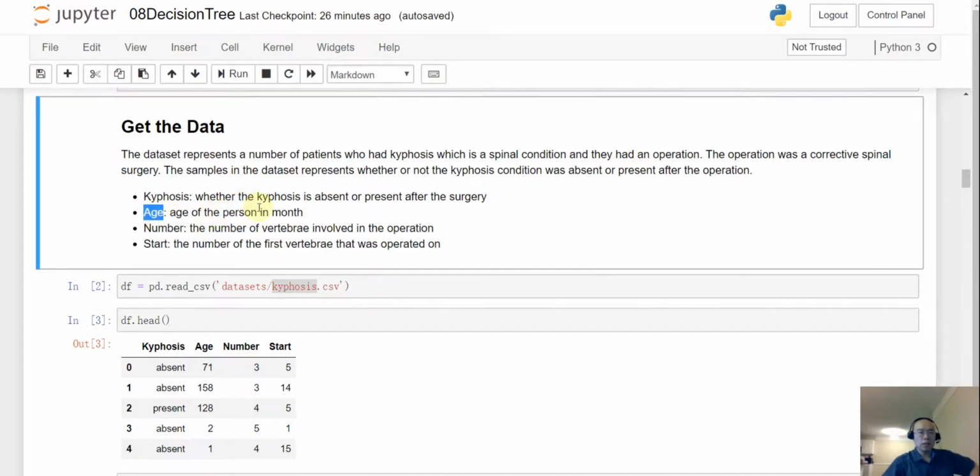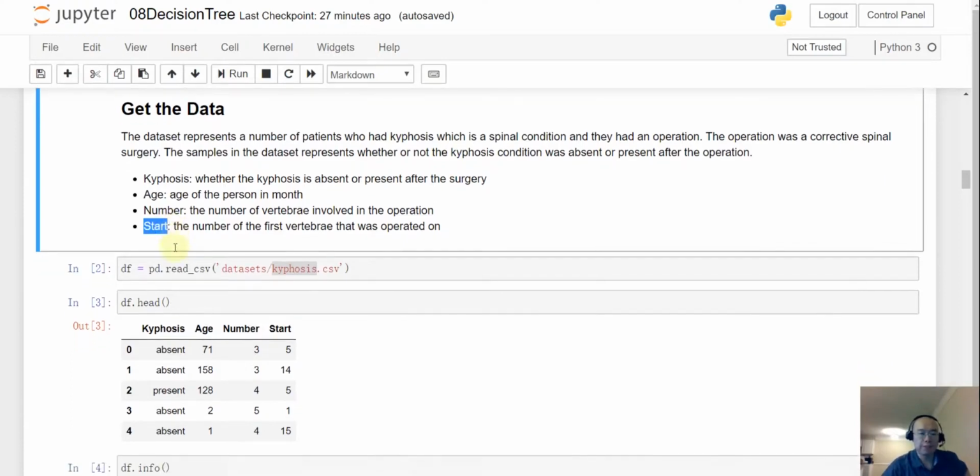As I said, usually people tend to have this kind of surgery when a baby is still very young. Then number is the number of vertebrae involved in the operation, and start is the number of the first vertebra where the surgery started. Those are the information we are going to use to predict whether the kyphosis is still present after the surgery.